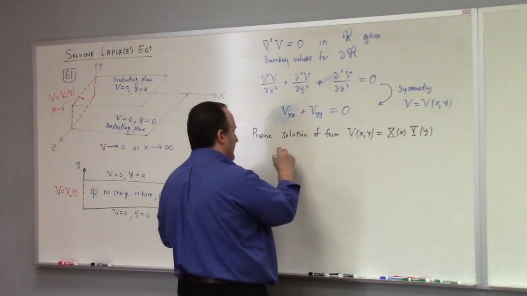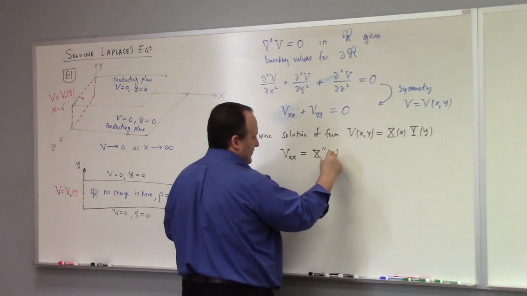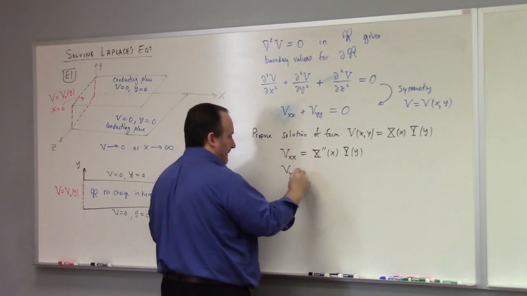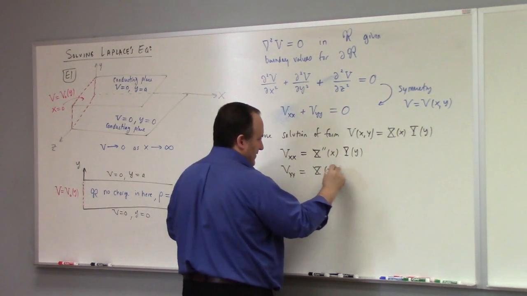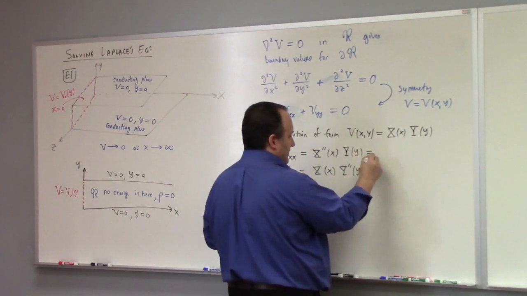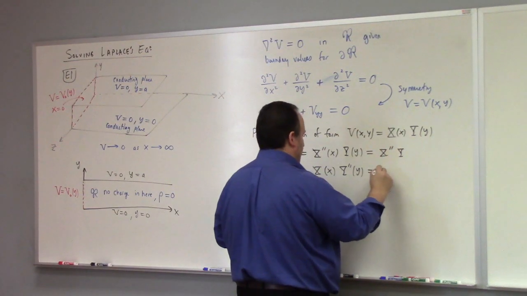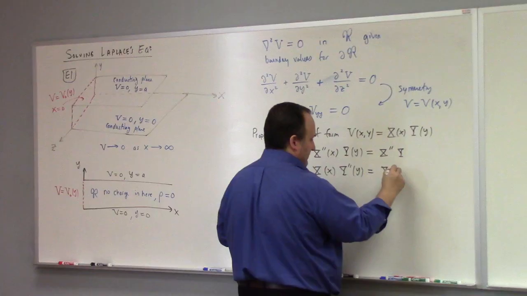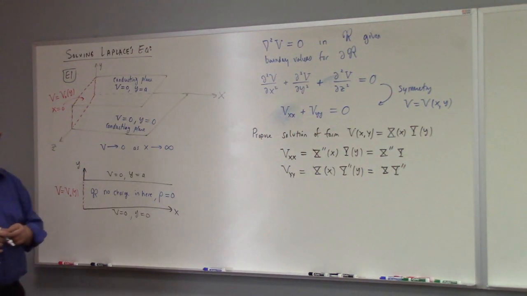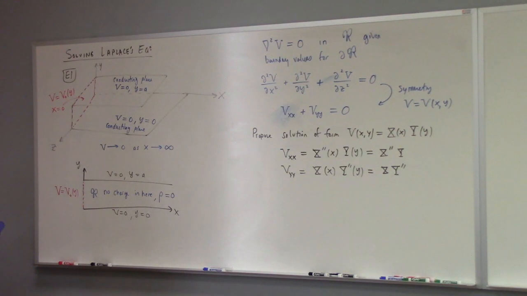So if that's the case, then Vxx is equal to X prime prime of x times Y of y, and Vyy is X of x times Y prime prime of y. Now I'm just writing v of x and y for the sake of telling you what I really mean, but let's not do that so we can write less. So X prime prime Y and X Y prime prime, where of course the primes on X are x derivatives and the primes on Y are y derivatives.